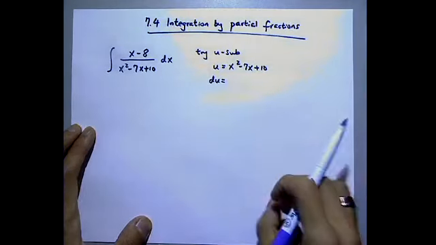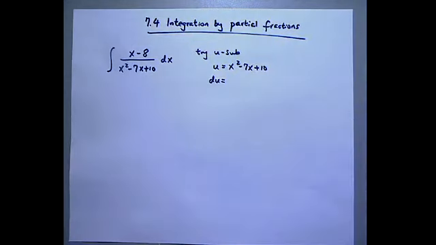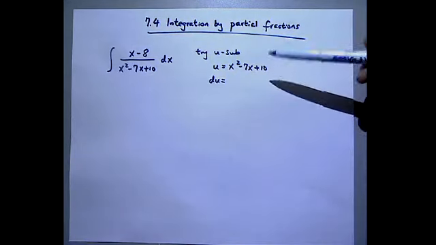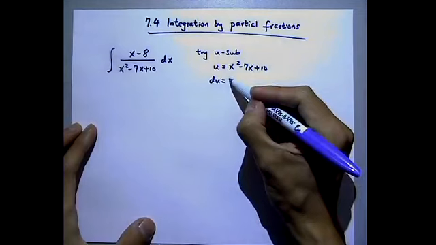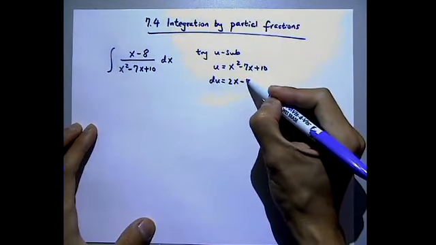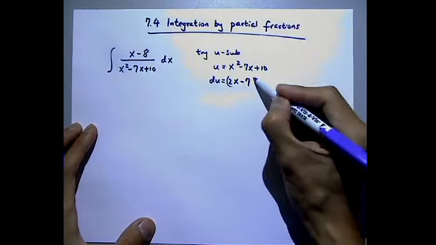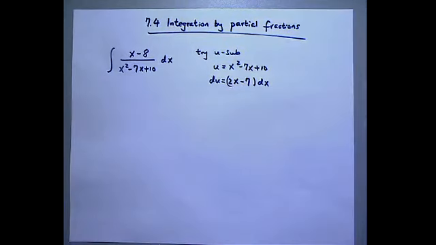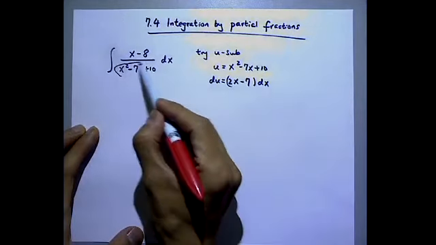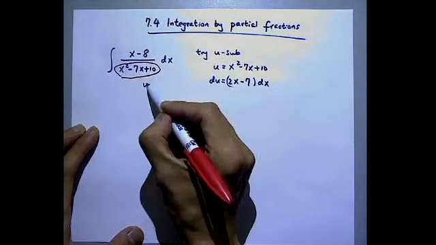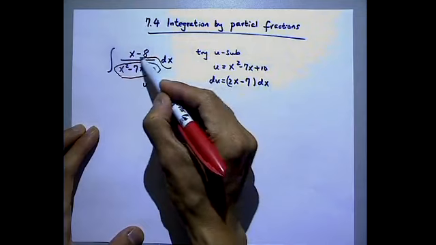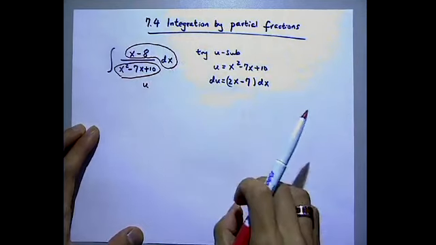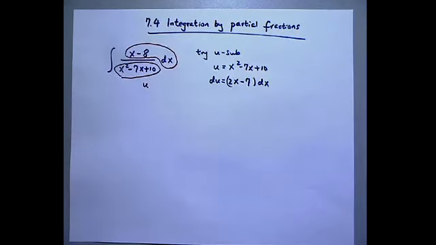If I let u be the more complicated part, the one that's in the denominator, then du, of course, is 2x minus 7 dx. So this stuff down here, of course, is u. And whatever's left here somehow has to turn into du.